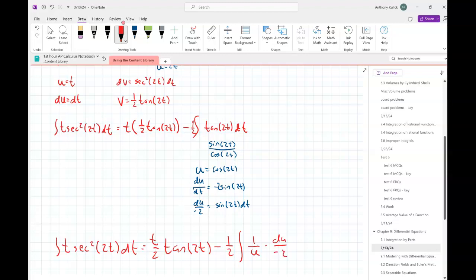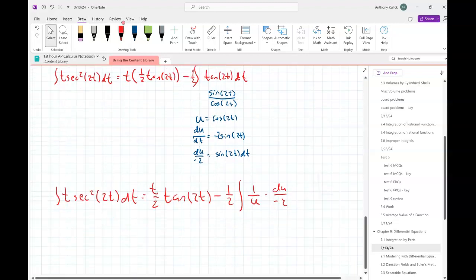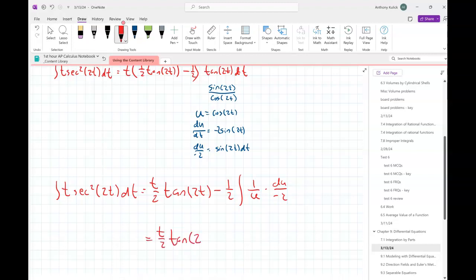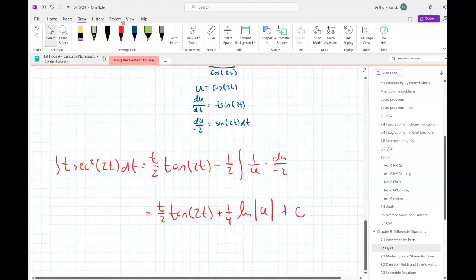That's the sine 2t dt. Everybody's okay there? So I have t over 2 tan 2t minus, well, really plus now, 1/4 natural log absolute value u plus c. And then I just have to plug my u back in, which was cosine 2t.